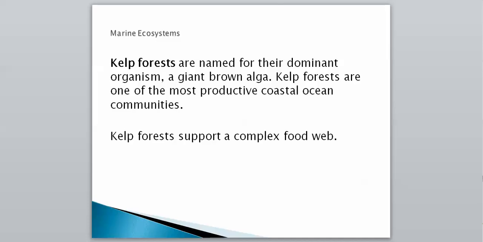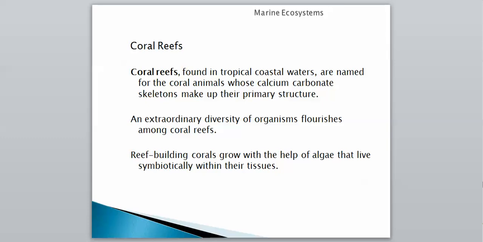Another important area that falls under the coastal ocean is coral reefs. These are also found in coastal waters, and they're named for coral animals whose calcium carbonate skeletons make up their primary structure. If you didn't know that, coral is actually an animal. If you take Bio 2, you'll learn more about those. There's an extraordinary diversity of organisms that flourish among coral reefs.